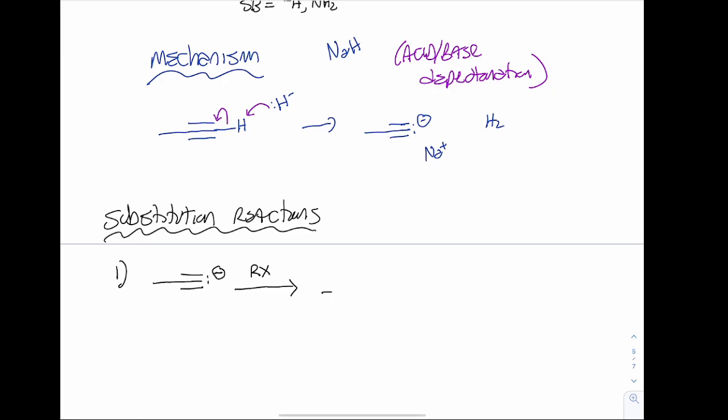And then we're going to end up bonding that R group from the alkyl halide to my alkyne. It's going to be an SN2 mechanism. It's going to be best with unhindered alkyl halides, so best with primary alkyl halides and also methyl halides. So just one carbon bonded to that halogen.